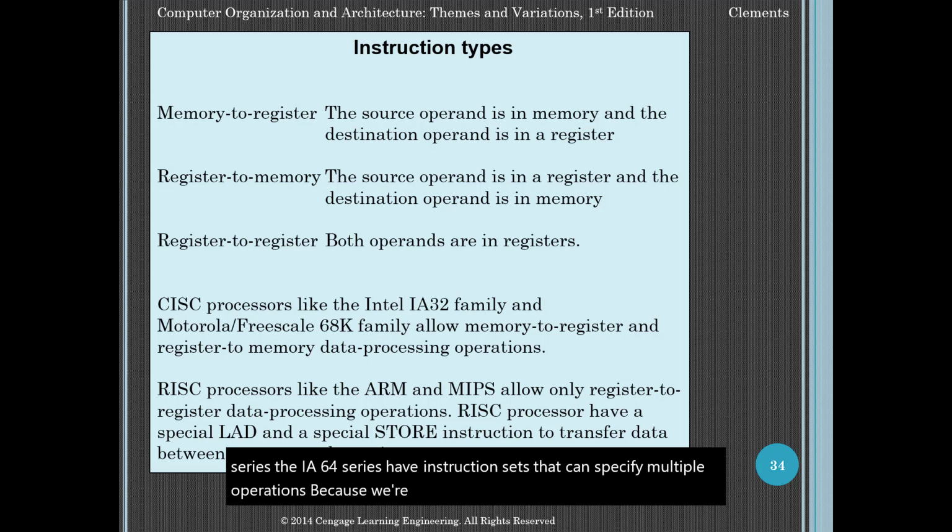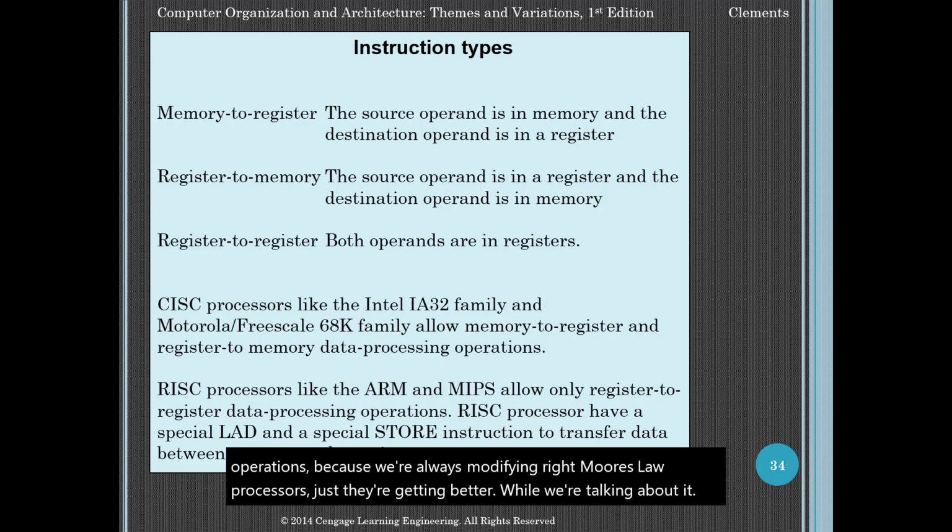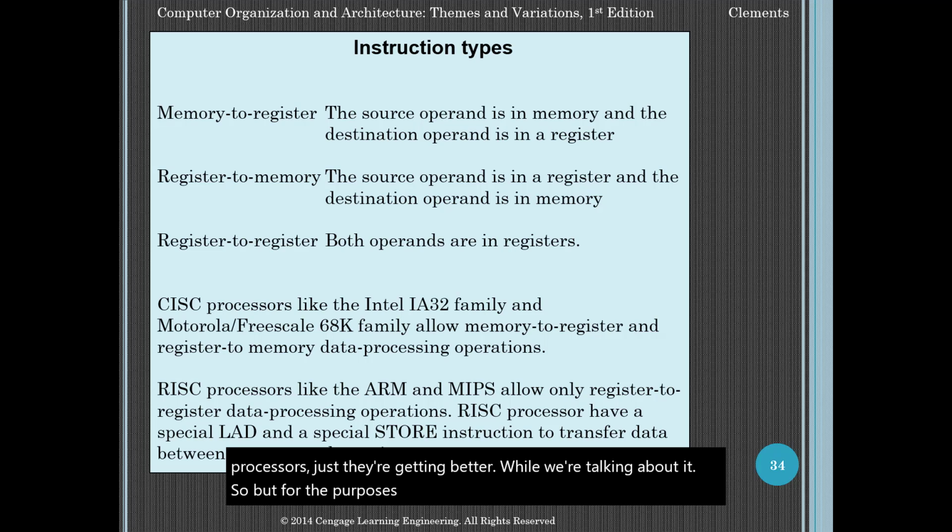Moore's law. Processors are getting better while we're talking about it. But for the purposes of this introduction, we're going to consider an instruction to be a word that specifies what action is to be performed together with any additional information, right? Our literals, our registers, and our addresses. So we don't want to overcomplicate things.